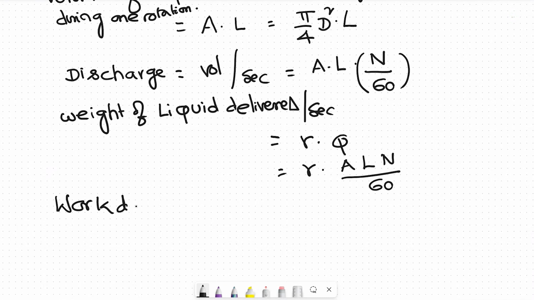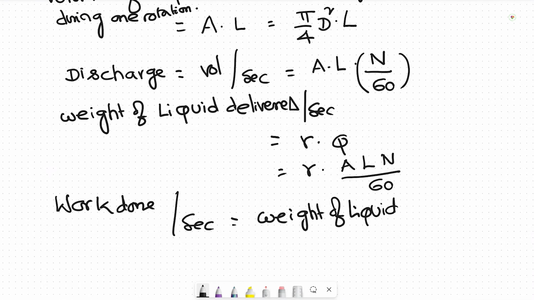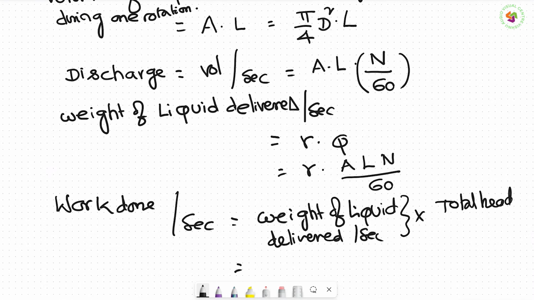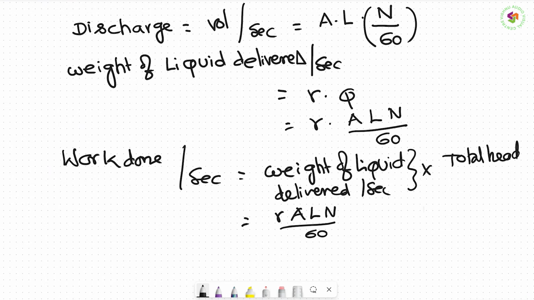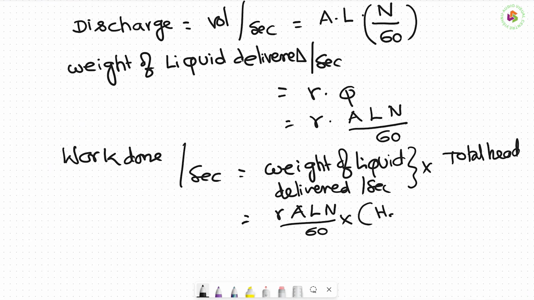The work done per second is equal to the weight of the liquid delivered per second into how much head actually? The total head. So it is equal to gamma A L N by 60 into HS plus HD. That's all basically, nothing else.